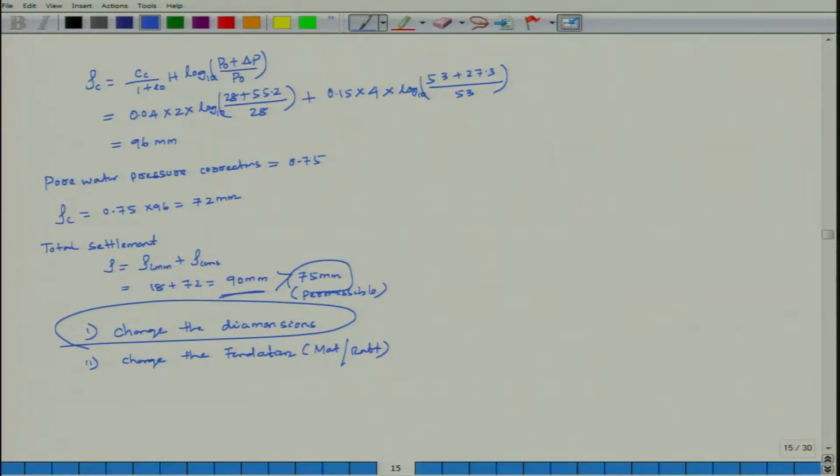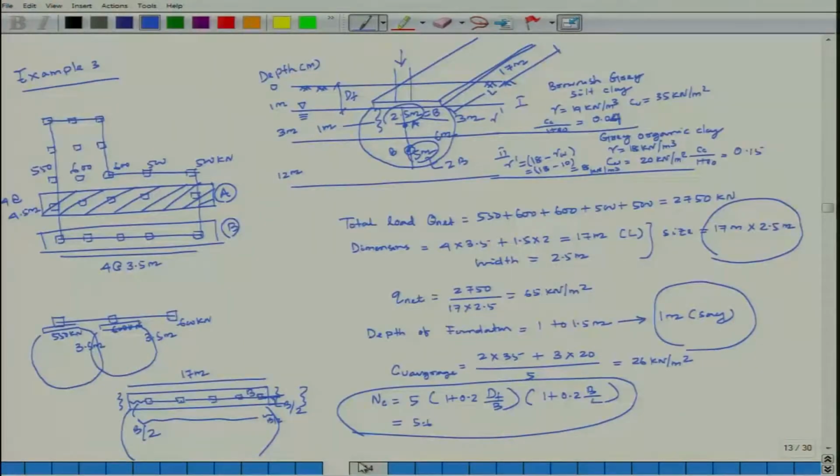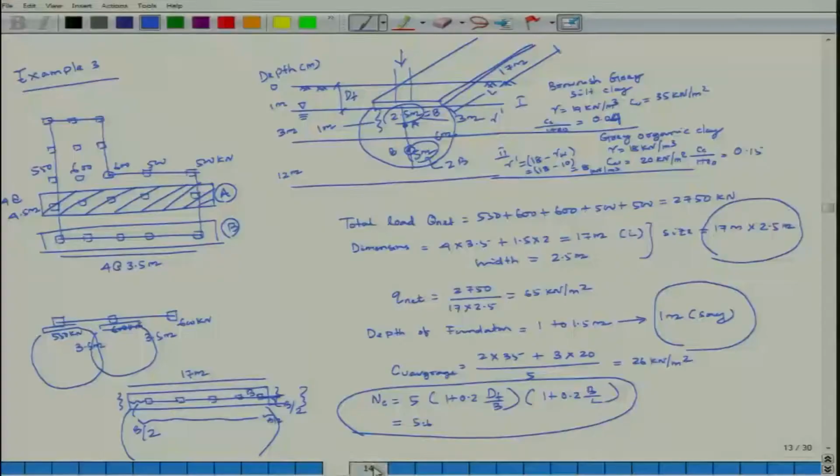This is your homework: check whether the settlement criteria has been satisfied or not. If it is satisfied, well good, you can recommend a strip foundation instead of a raft foundation. If it is not satisfied, then you have no other options, because you have tried isolated footing and strip footing, so you have to go for raft foundations.